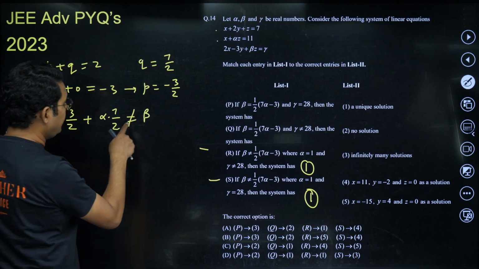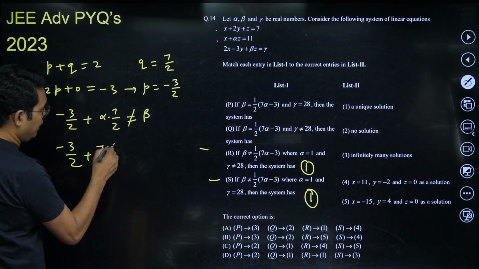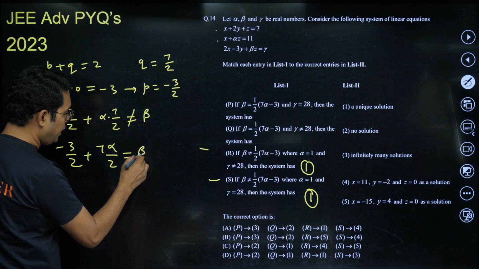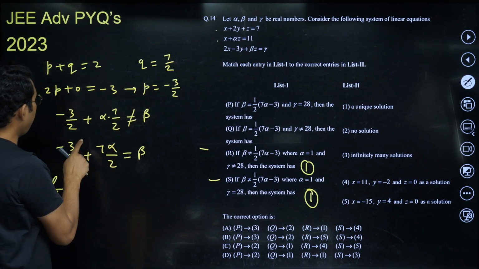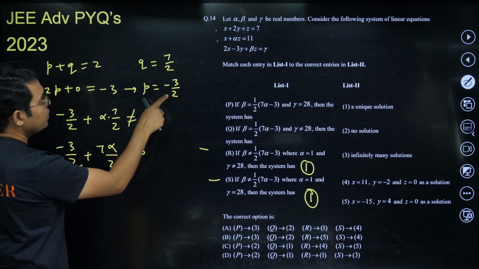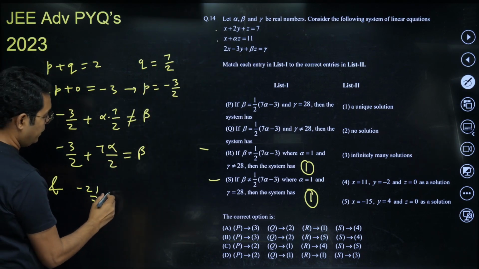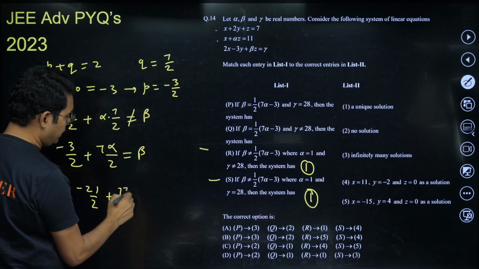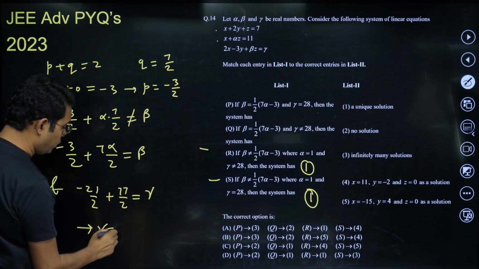But for beta equal to this thing, when minus 3 by 2 plus 7 alpha by 2 is equal to beta, the right hand side also we have to check. So P multiplied with 7, so minus 21 by 2 plus 11 multiplied with this 7, so 77 by 2, is equal to gamma, gives you gamma is equal to 28.